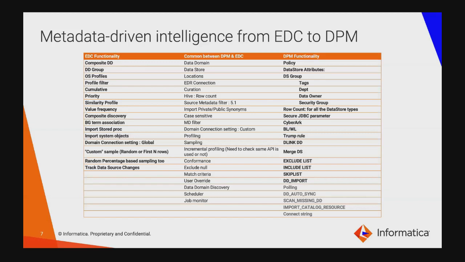How does a data store become associated to a CCPA policy? What data is required in a data store to be associated to a CCPA policy? How do CCPA regulations come into play for a specific data store based on the attributes of that data store? That is something that you define within DPM.